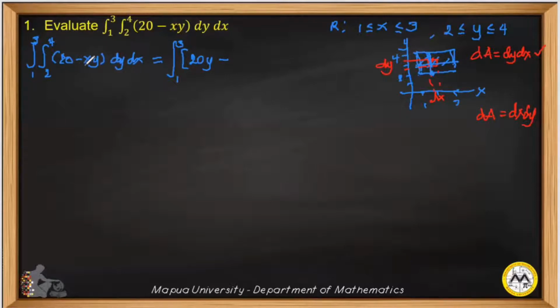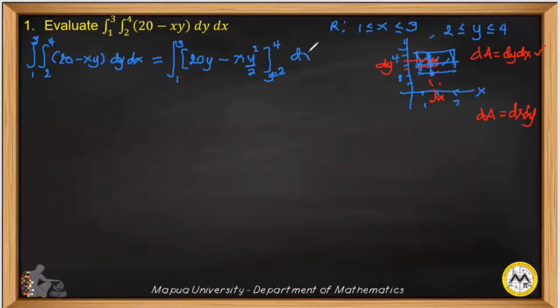X is held as constant, so the integral of y dy is y squared over 2. So xy squared over 2, and this must be evaluated from the lower limit 2 to the upper limit 4. Okay, meaning y is equal to 2 to y is equal to 4.